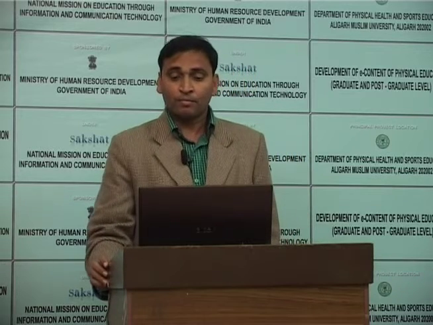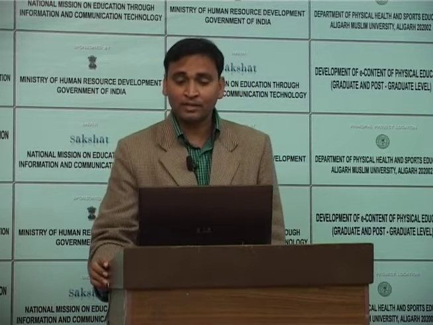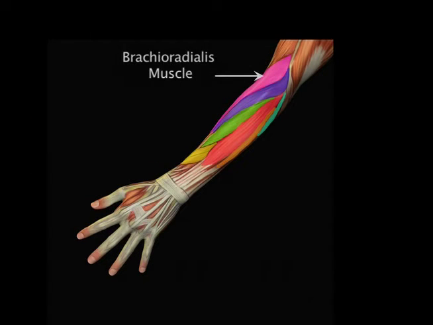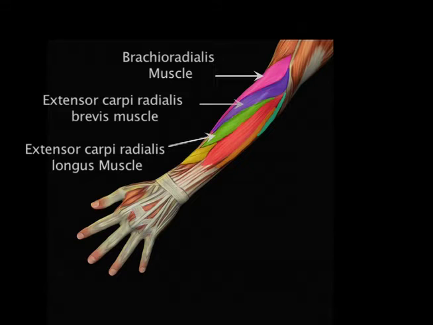Laterally, in the posterior compartment, the forearm or the extensor compartment has the following muscles. Number 1 is brachioradialis muscle, number 2 is extensor carpi radialis longus muscle, and number 3 is extensor carpi radialis brevis. You can see in the diagram, this is the lateral compartment of posterior arm muscle.